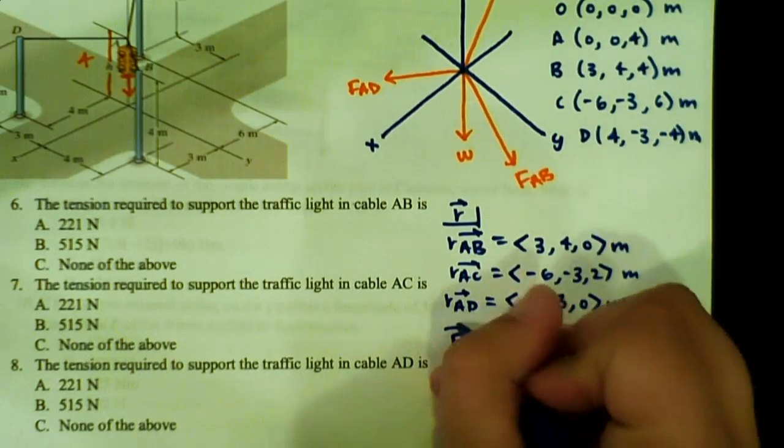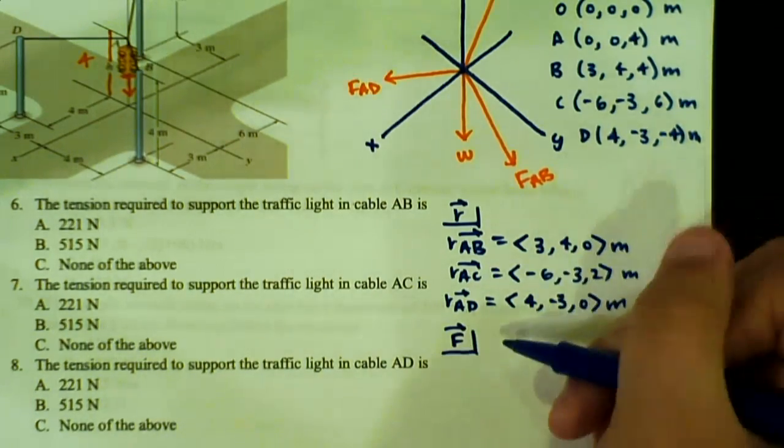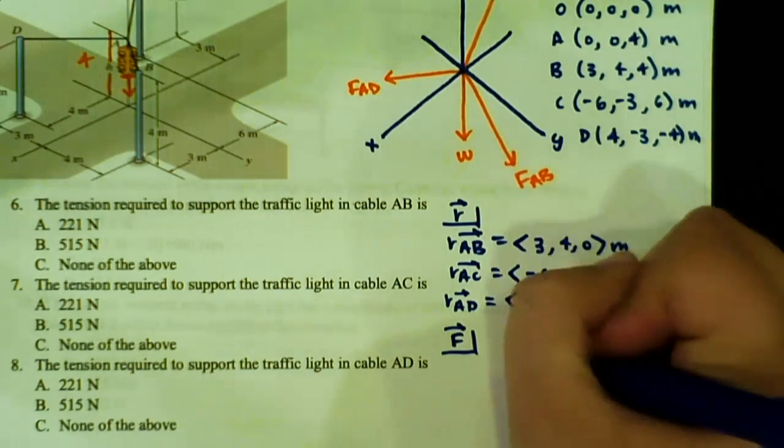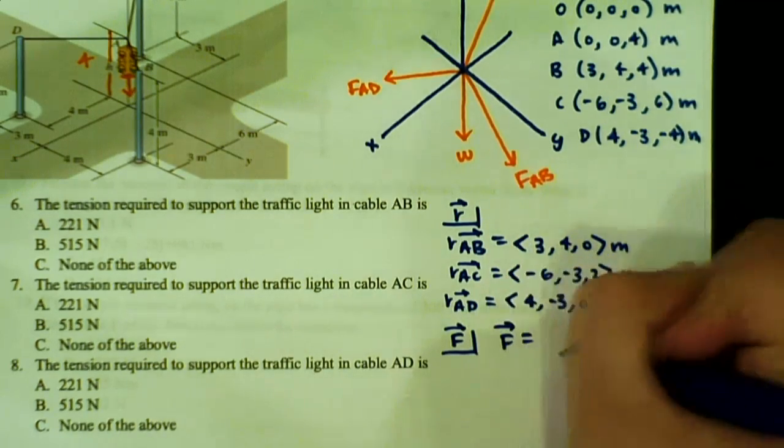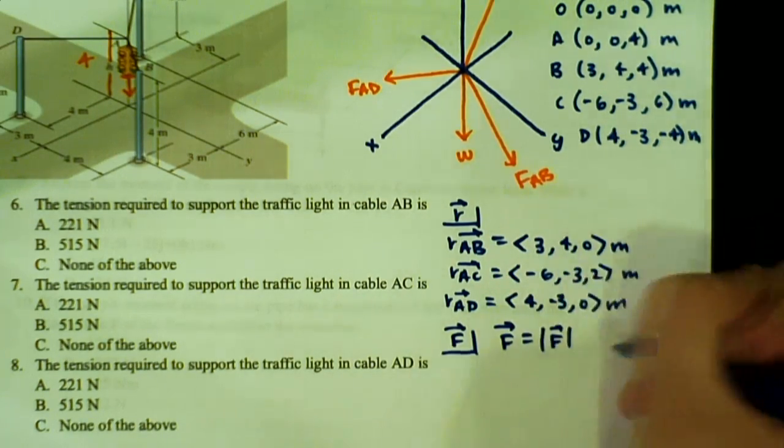We know that we have to find our force vectors now. And we know that the equation for a force vector is the magnitude of the force multiplied by its unit vector.